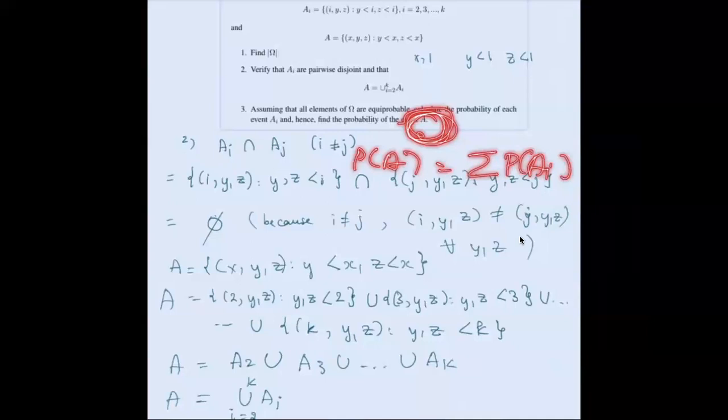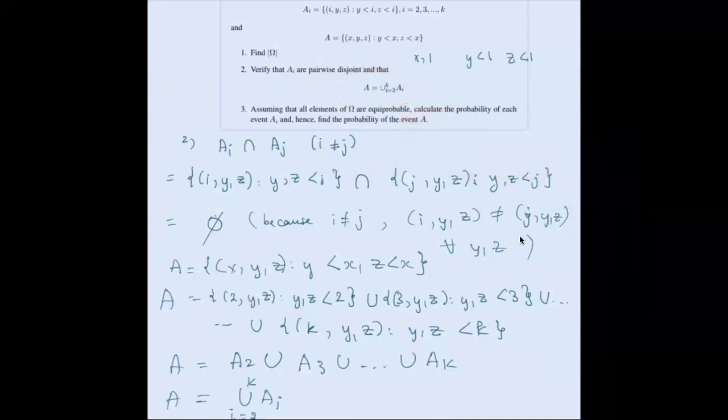Why is that? Because the A_i partition the set A: A2 up to A_k partition the set A, because their union is A and they are pairwise disjoint. So you will need to use this formula to calculate the probability of A. If there is no question, then it's the end of our tutorial.